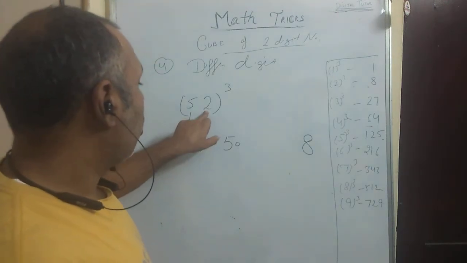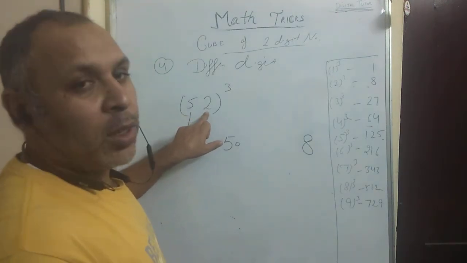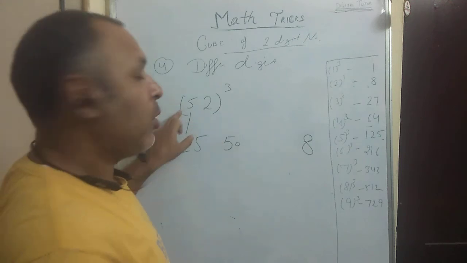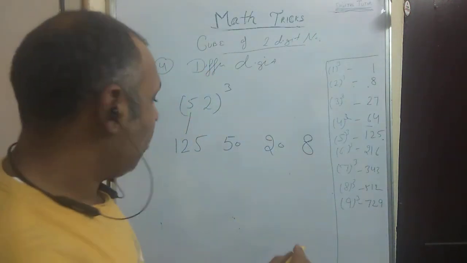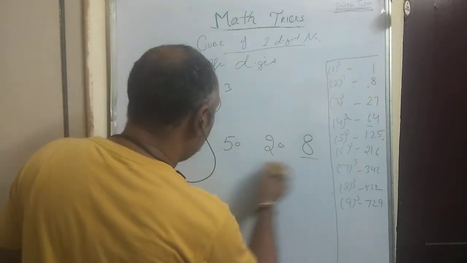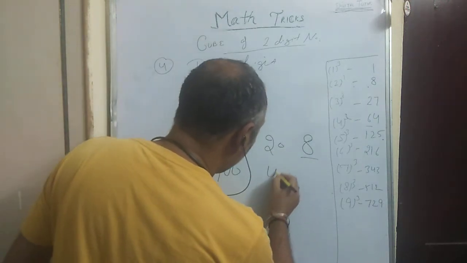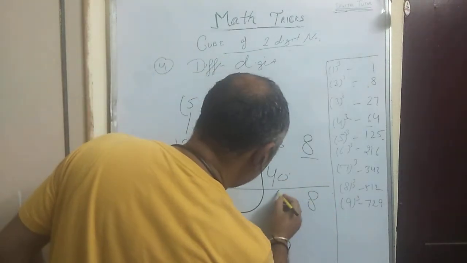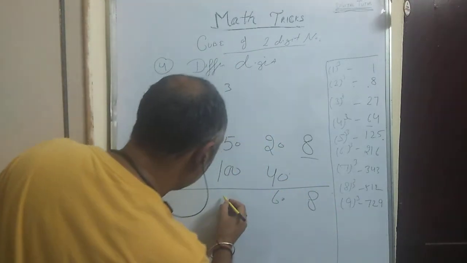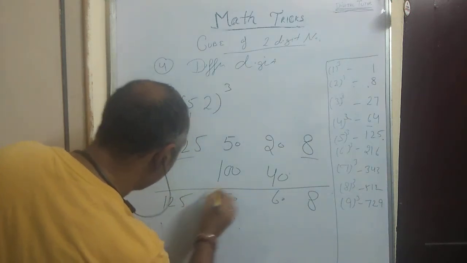Same here, 2 squared is 4, times 5 is 20. Leave that. 50 doubled is 100, 20 doubled is 40. Sum: 8, then 60, then 150, and then 125.